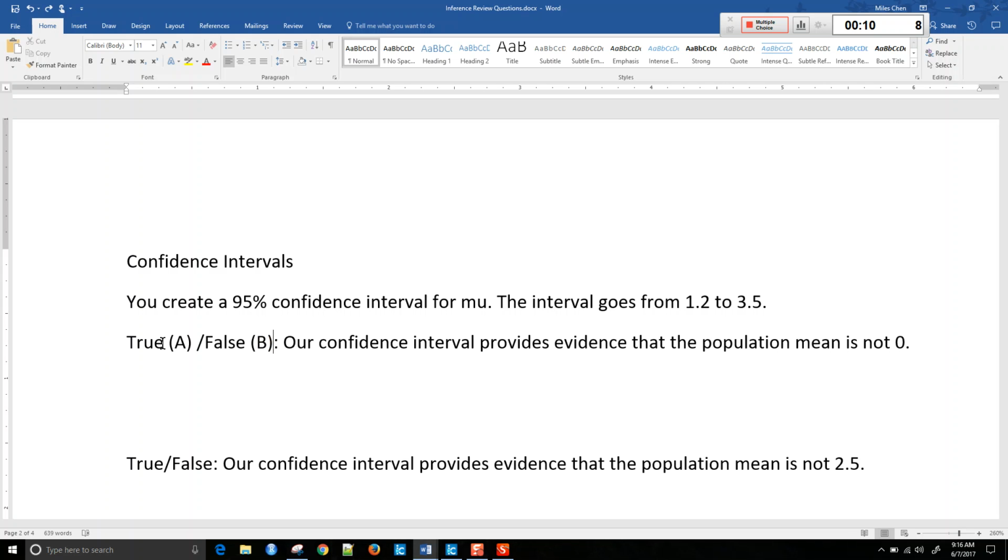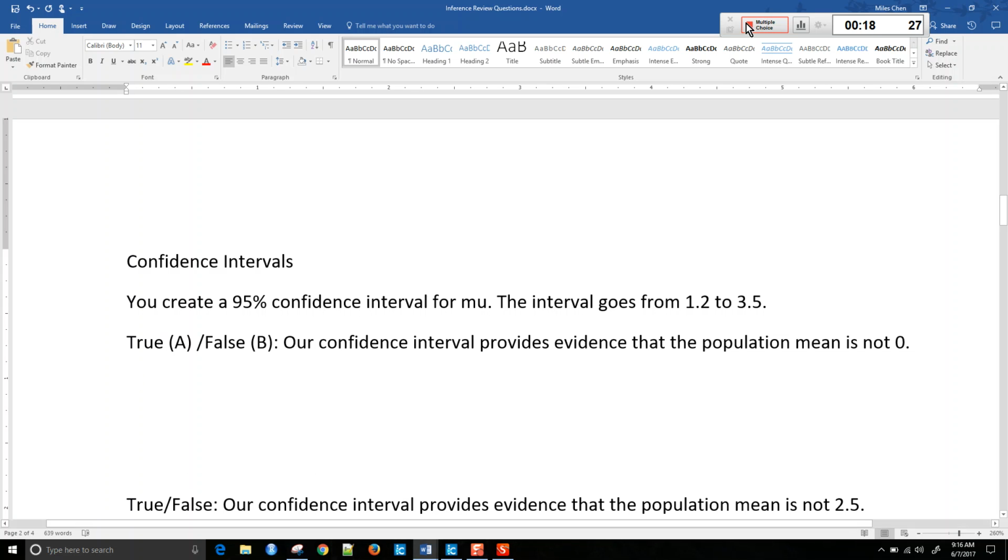Our confidence interval provides evidence that the population mean is not 0. Okay. We should work fairly quickly through all of these.